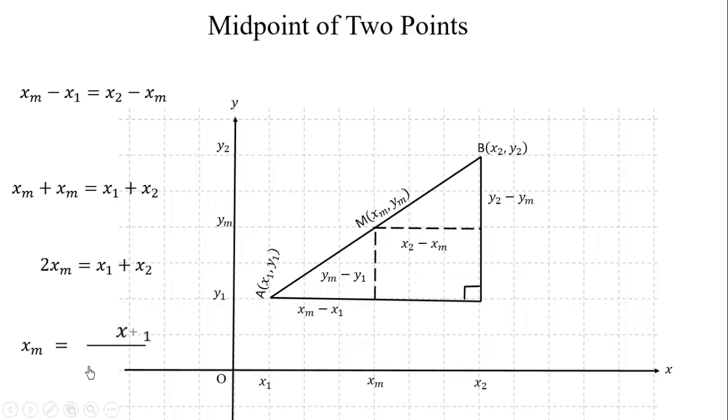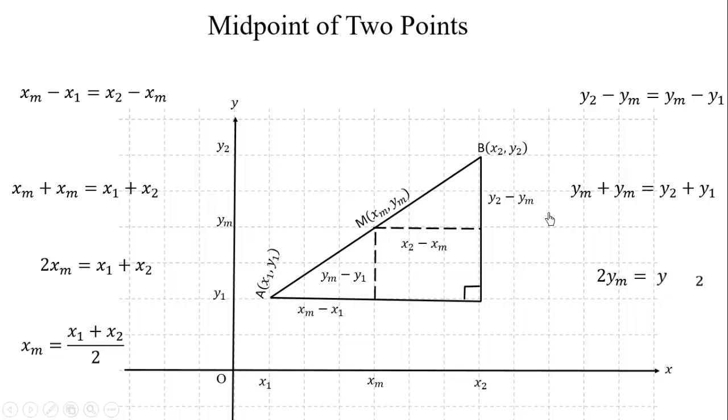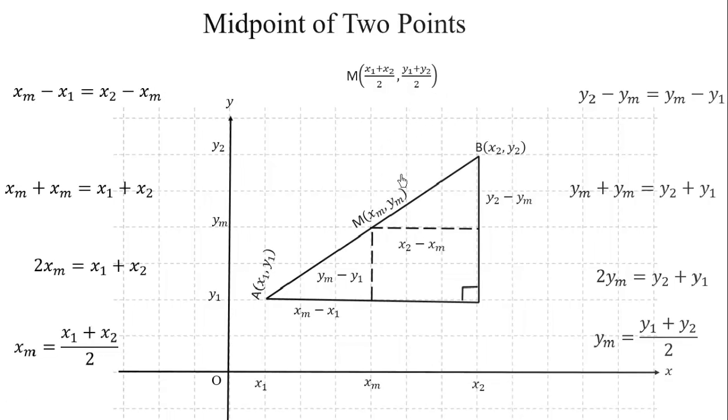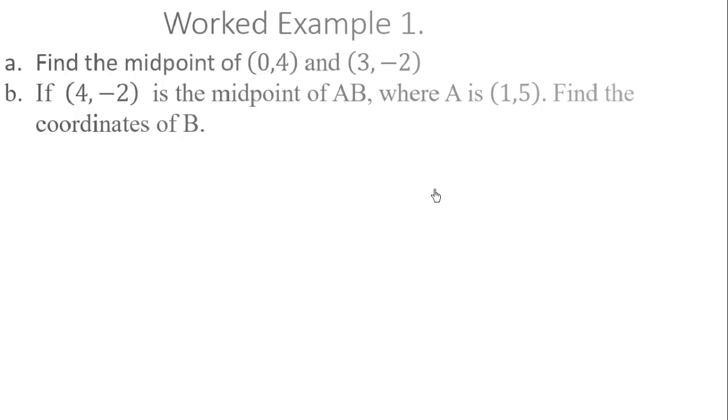Solving for x of m, we get the x coordinate of the midpoint to be x1 plus x2 over 2. Then the y coordinate of the midpoint will be given by y1 plus y2 over 2. Now let's take examples that will let us know how to use this formula to find the midpoint of 2 points.